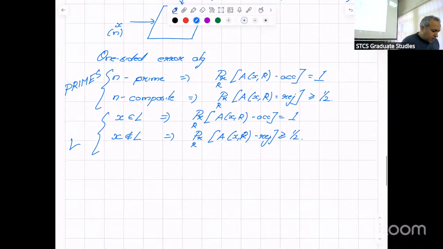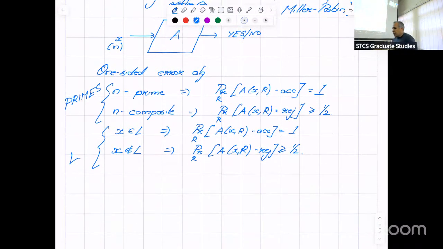Okay. What we're interested in now, of course, is a randomized algorithm. Just like in the primality case, the randomized algorithm came a good 30 years before the deterministic algorithm of Agarwal-Kayal. Now, you want to ask, is randomness really required? Can you reduce the amount of randomness? Can you remove randomness completely? Sometimes you might be unhappy with 50% error. You want an algorithm that's right all the time. So how do you reduce the error of this algorithm?